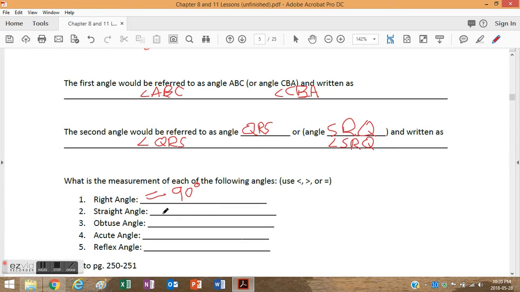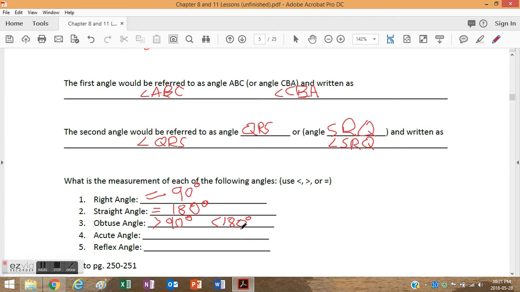A straight angle. This one seems sort of pointless to write down, but we're going to actually use it as we go here. It is equal to 180 degrees. An obtuse angle is going to be greater than 90 degrees, but less than 180 degrees.